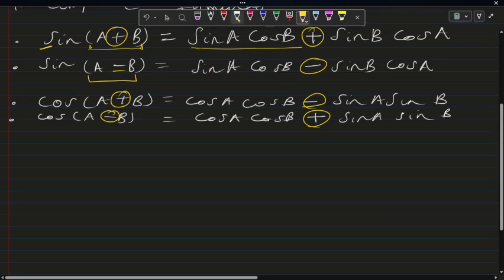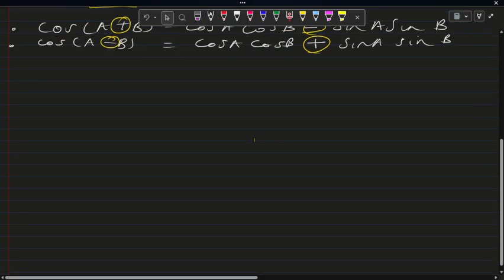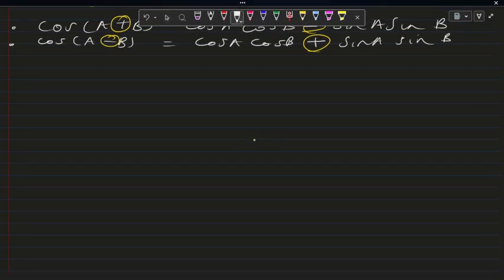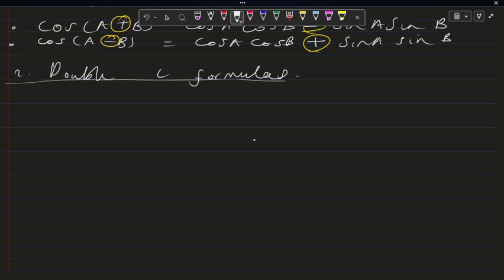Anything that is double is anything that is multiplied by 2. So, double angle formulas. Now this one is a very simple one.